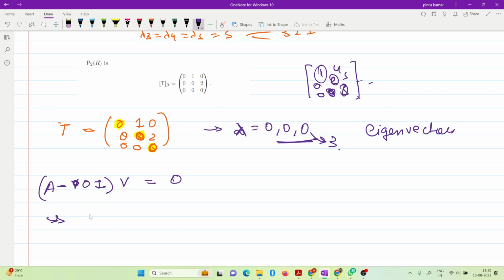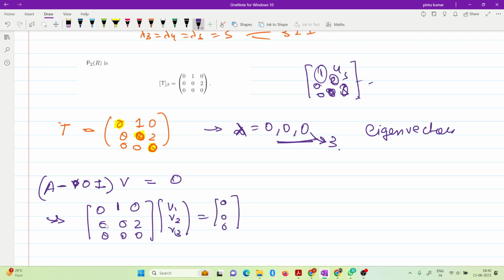A minus 0 times identity is just A, so this is the matrix 0, 1, 0, 0, 0, 2, 0, 0, 0 times V1, V2, V3 equals 0. The first row implies that V2 is 0. The second row implies that V3 is 0.